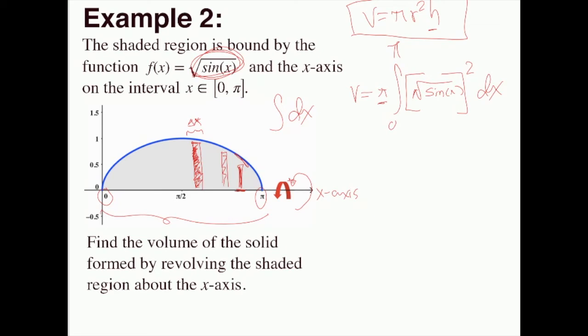So now we can simplify. We see that the square root of sine x squared simplifies to simply sine x. And the antiderivative of sine x is negative cosine. And then you use your fundamental theorem of calculus.